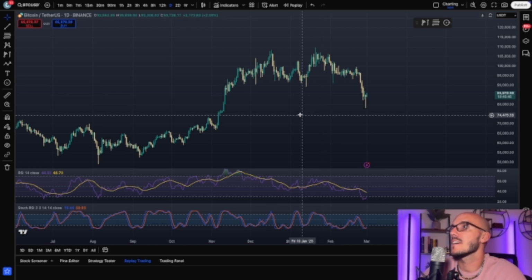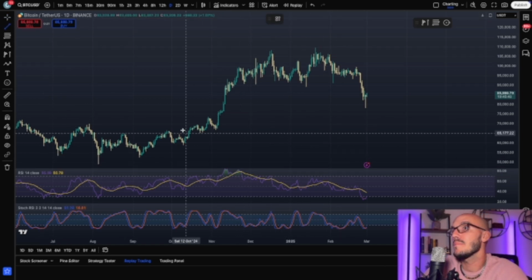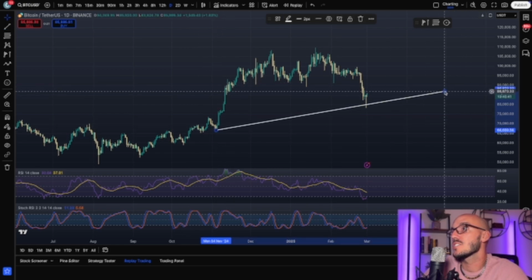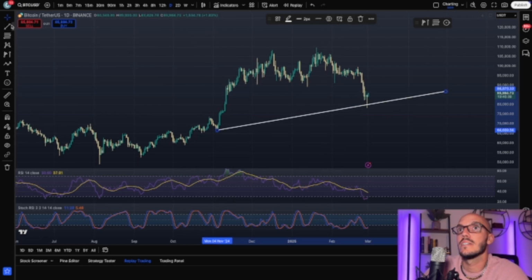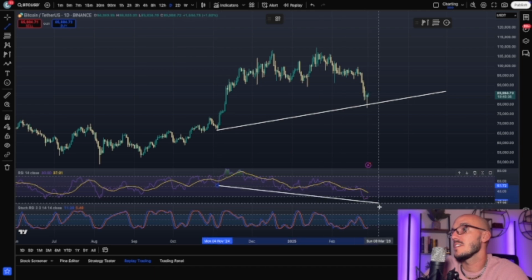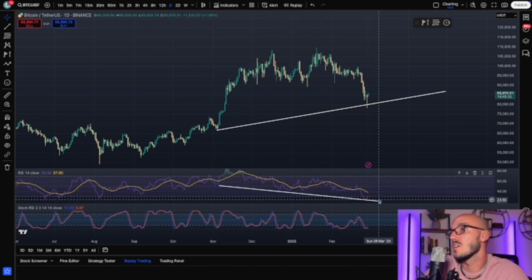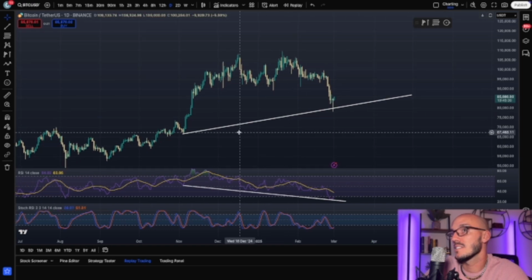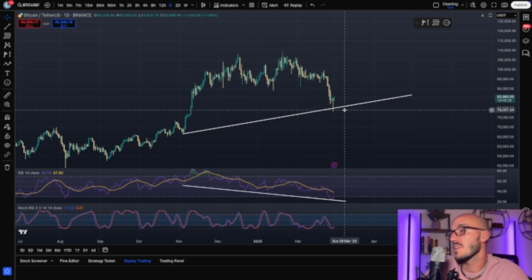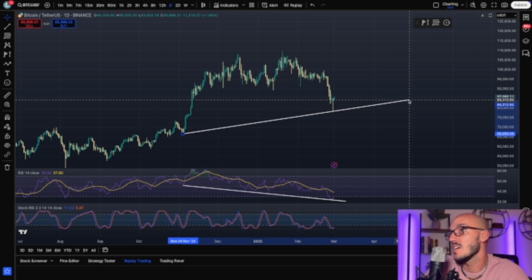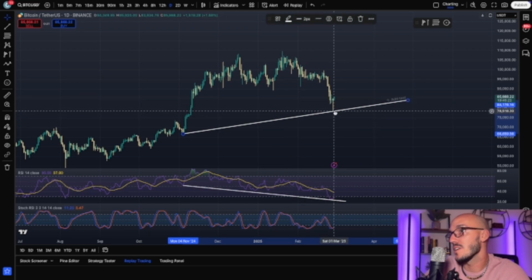Oh, and look, as I speak, when you zoom out here, again, that's a hidden bullish divergence. Lower lows on stochastics, higher lows on price. That could be a hidden bullish divergence if this holds. We don't want to see price fall below.